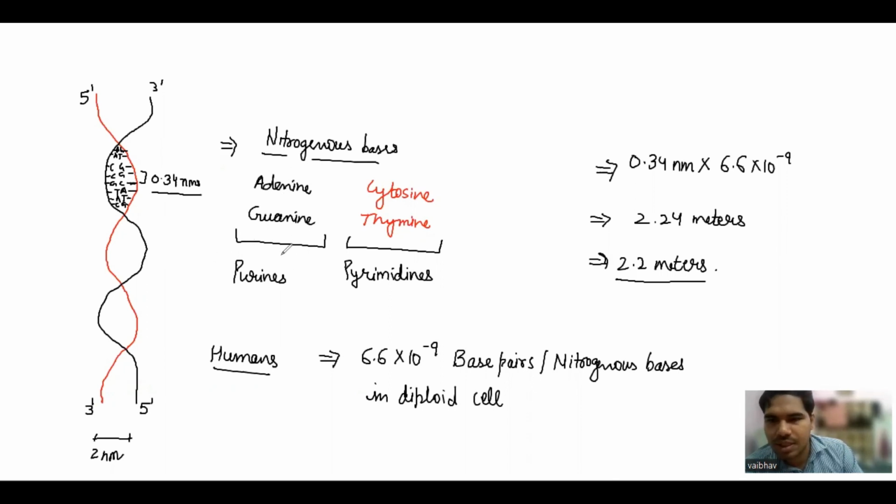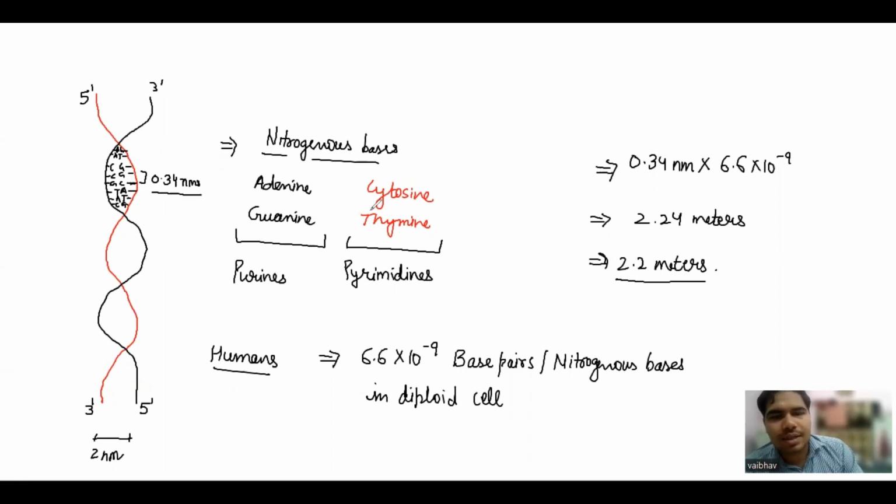If both are purines, they must have different specific groups, like 6-amino purine. If an amino group is present on the sixth position of the chain, it will be called adenine, and guanine has a different structure. And the same goes for cytosine and thymine. Both have different molecular structures.